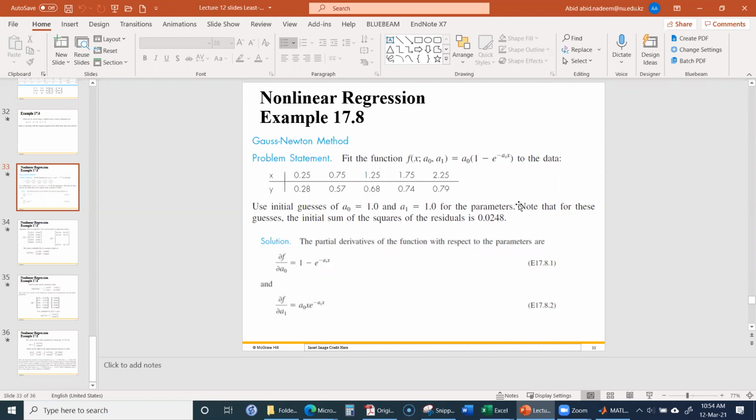You will assume some function, and then you will try to fit it, and that's it. Okay, so just by your own experience. Once you assume the function, then you will apply the algorithm. That's it.